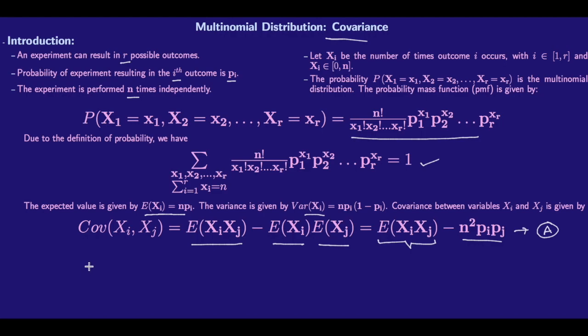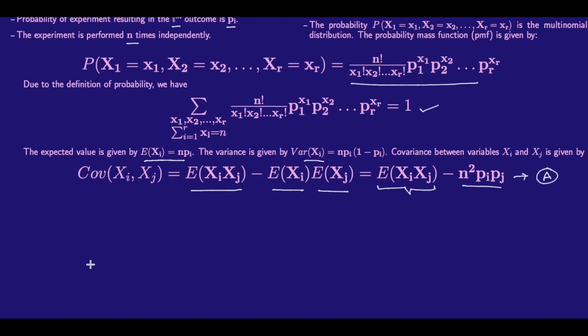For this one, let's start by writing the definition. Without loss of generality, we will use i equal to 1 and j equal to 2.